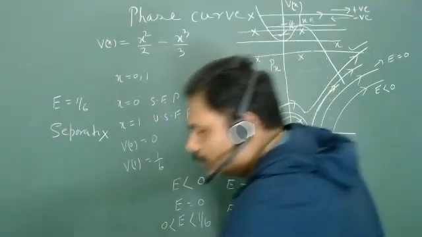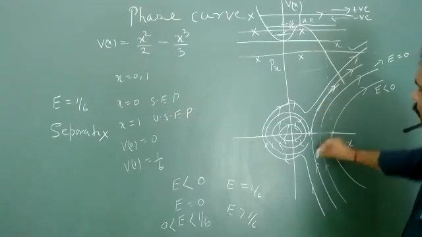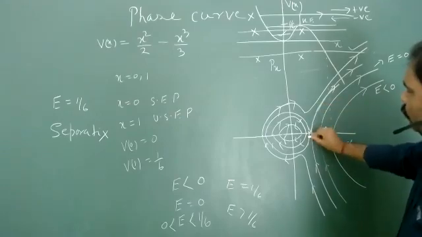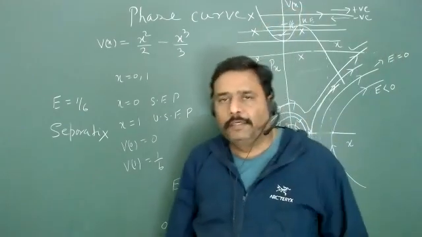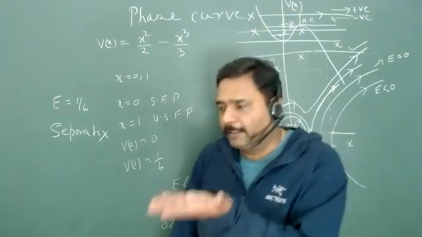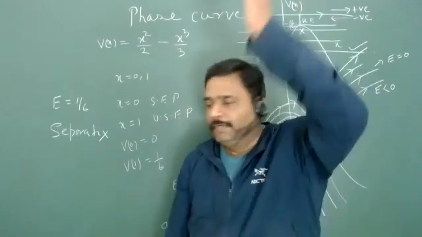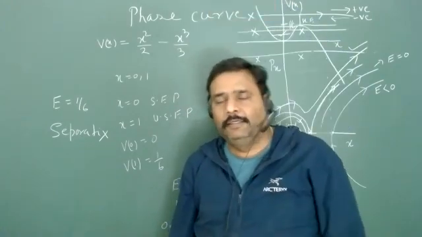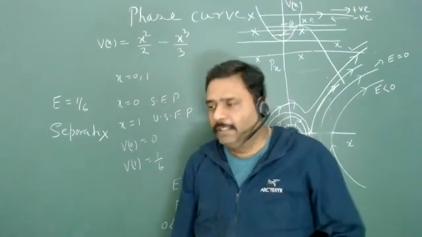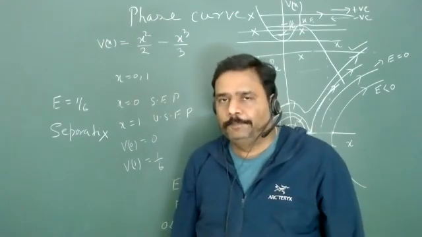So this is your separatrix. You will never reach this point. This point is a highly unstable equilibrium point. It is something like inverting your pendulum. It is very difficult for an inverted pendulum to reside there for some time. It should either go to the left side or to the right side, isn't it?